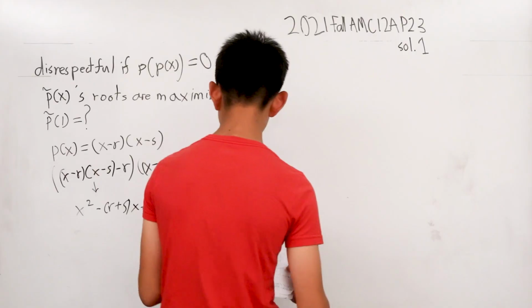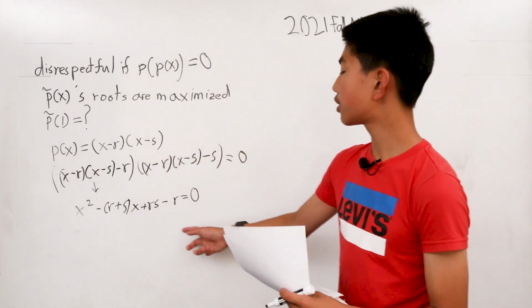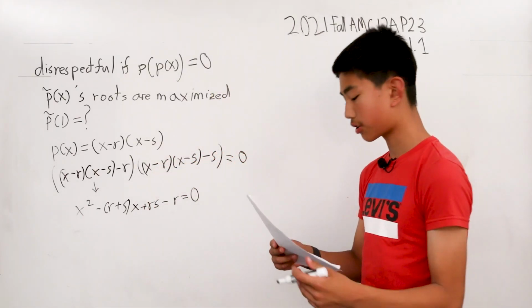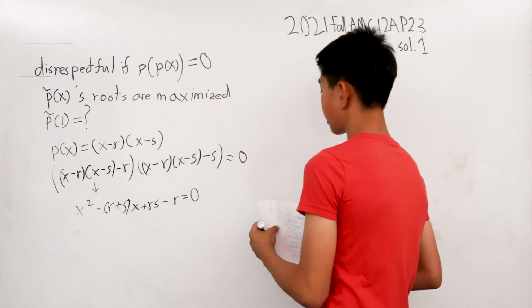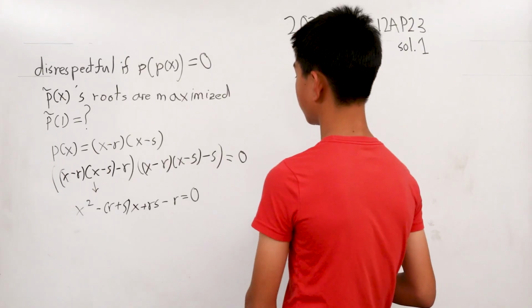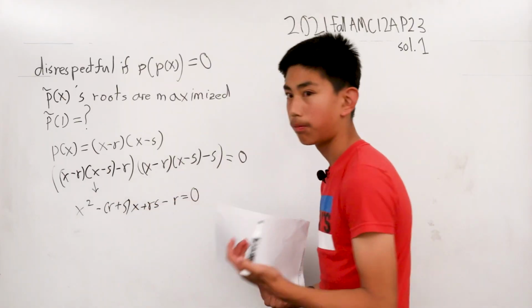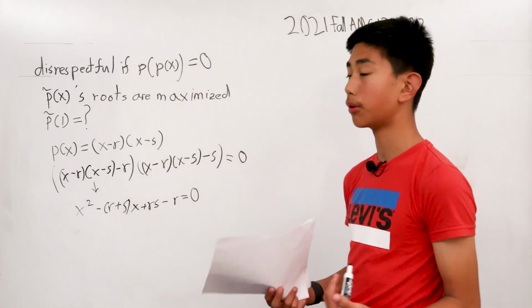Now, if this one has a double root, the discriminant has to be equal to 0. So we can use the quadratic formula here by plugging into the square root part.